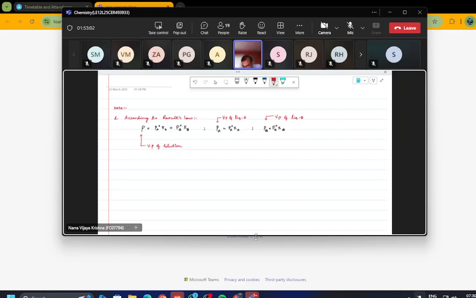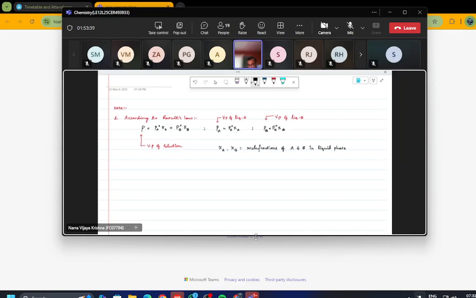Now, what is this XA and what is XB? They are mole fractions of A and B in the liquid phase. Correct, sir? When they are in the liquid phase, what is the mole fraction of A? What is the mole fraction of B?